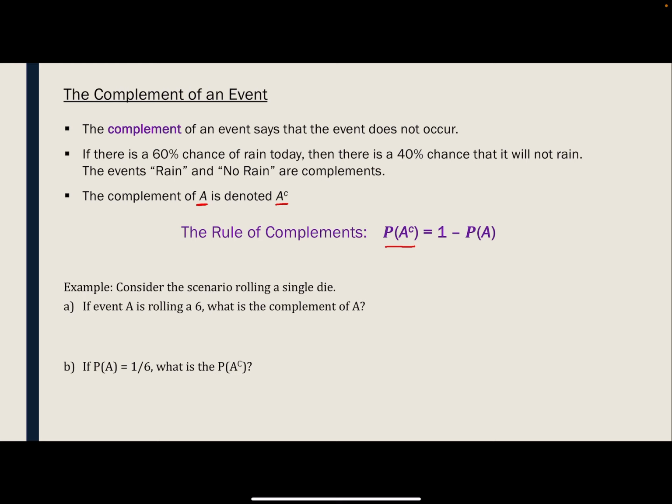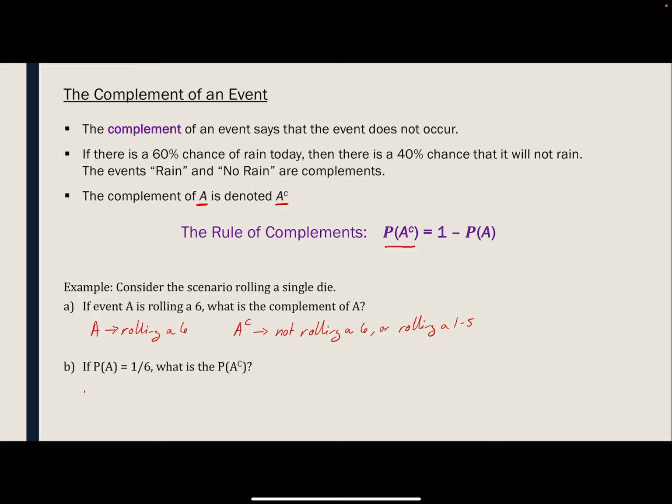So let's think about this. If event A is rolling a 6, what is the complement of event A? Then the complement of A would be not rolling a 6, or rolling a 1 through 5, right? Anything that's not 6.